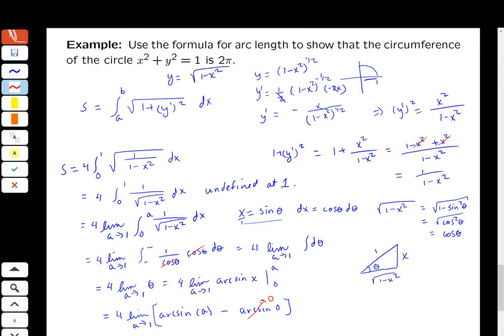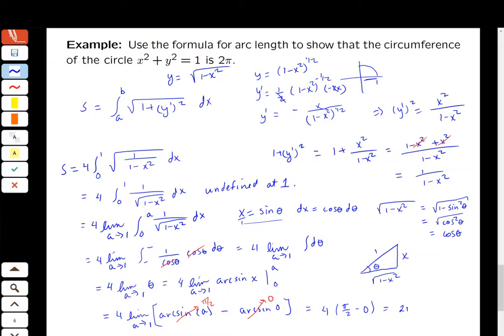And as a goes to 1, what is arc sine of a? What is arc sine of 1? Pi over 2, because on your unit circle, sine goes with y, and so that's at 1. So this is pi over 2. So then that means we have 4 times pi over 2 minus 0, which is 4 times pi over 2.